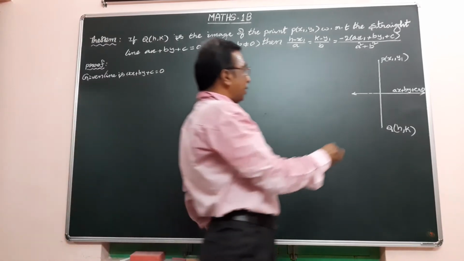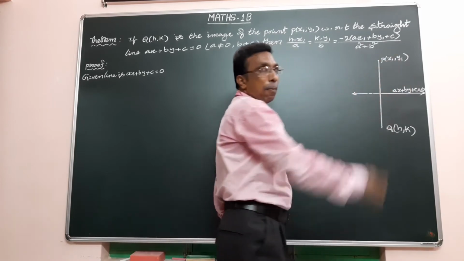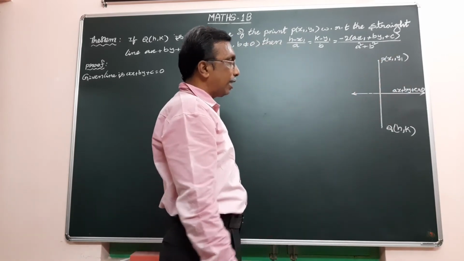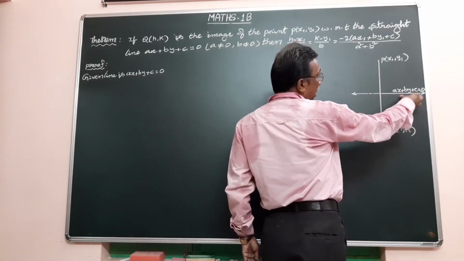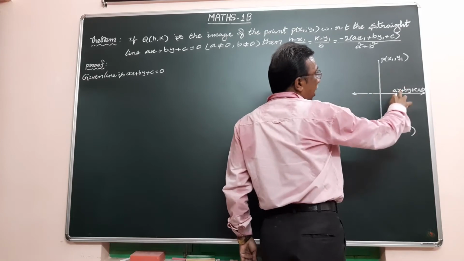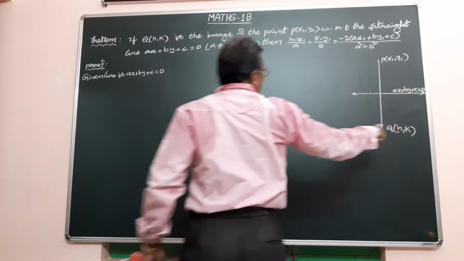Observe these 2 lines. These 2 lines are perpendicular lines. This one is ax plus by plus c, this one is another line. These 2 lines are perpendicular.